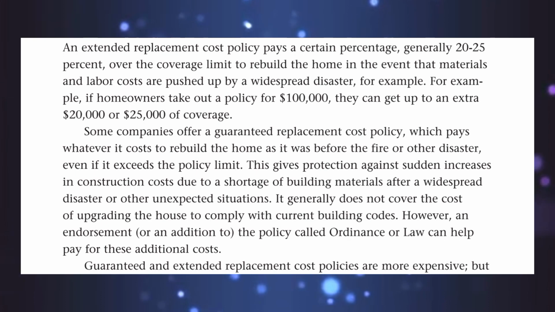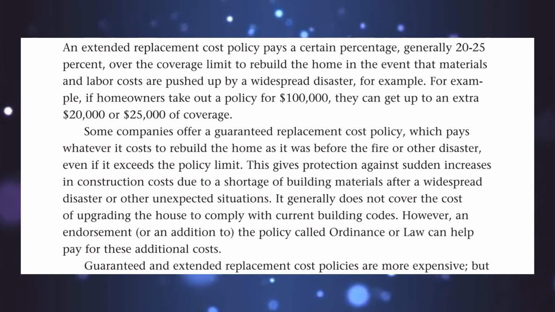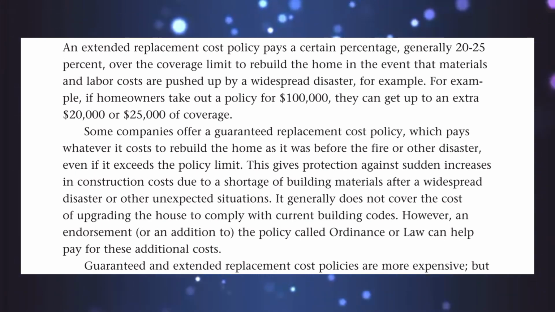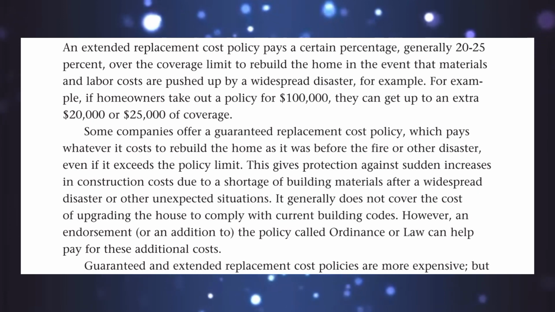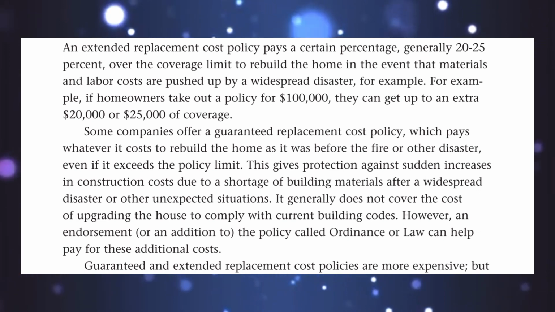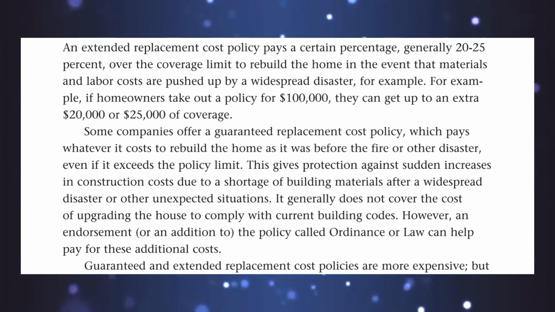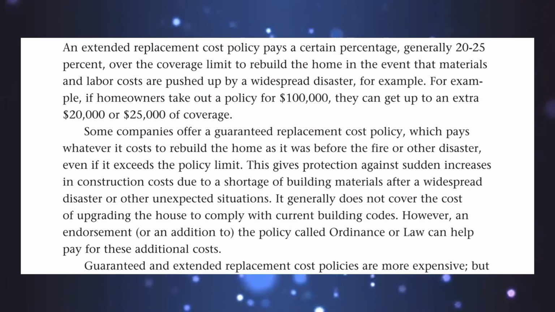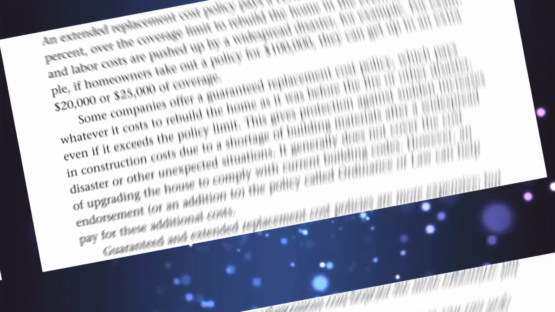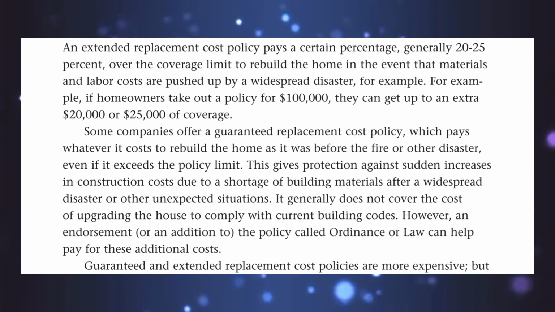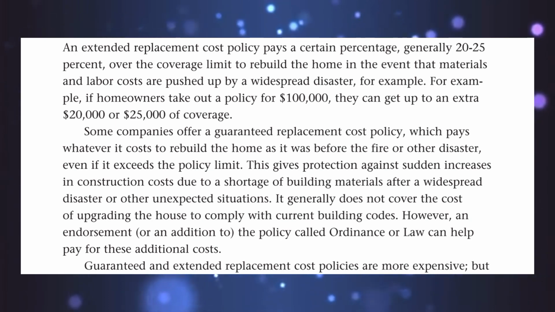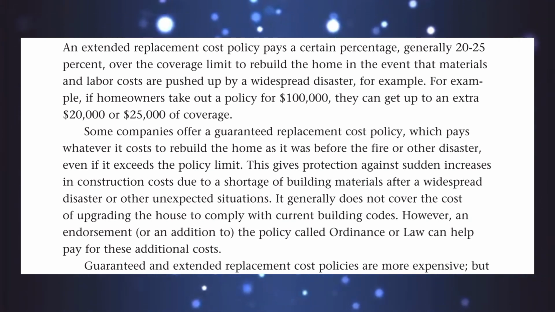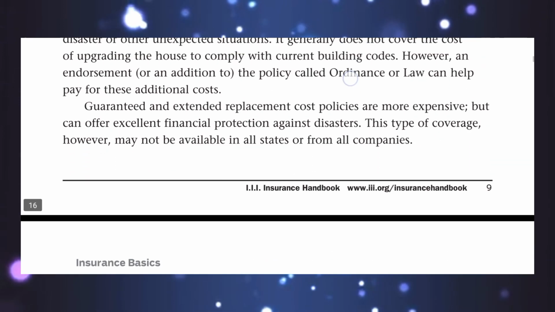It generally does not cover the cost of upgrading the house to comply with current building codes. However, an endorsement or an addition to the policy called ordinance or law can help pay for these additional costs.